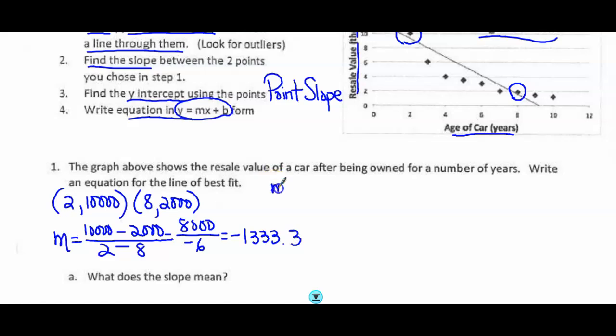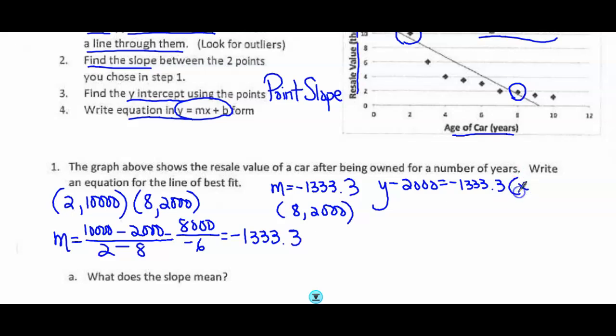Then I have to use my slope and a point. So let's see, I'll pick 8, 2,000. You can use the other one if you want. It doesn't really matter. So this will be y minus 2,000 equals negative 1,333.3 times x minus 8.